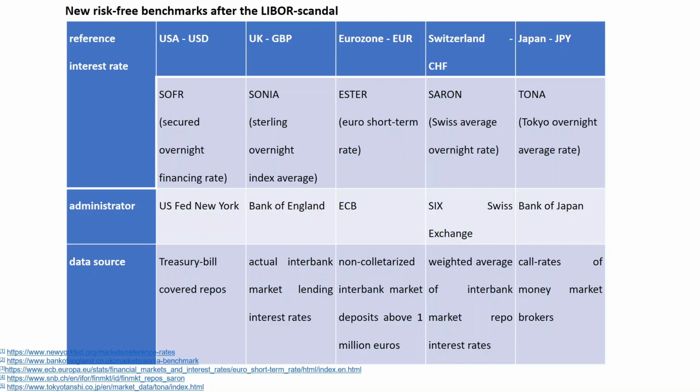Since then, there has been a huge variety of ideas on how to replace the London interbank rate as a benchmark. Now we can see completely different approaches. Sometimes they are always backed by actual trade data, so no more randomly made up numbers, like what happened in the case of Libor.